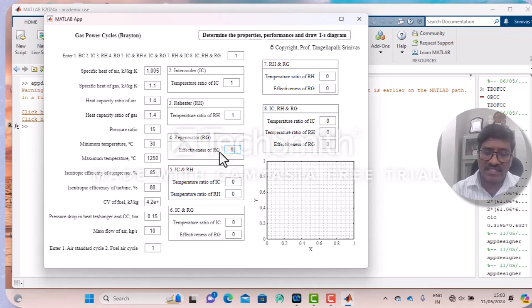Effectiveness of regenerative heaters is given as 0.8, and the values have been repeated for the other combinations, the two or three combinations in the Brayton cycle, for these options of intercooler, reheater, and regenerator.